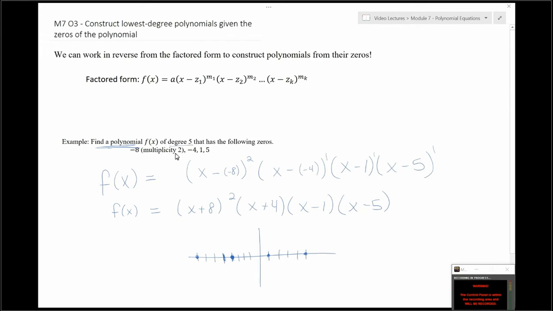My end behavior, so it's degree 5, so it's odd. And I chose my a to be positive, so it looks like x. And then we can look at what it is doing at each of these points. At x plus 8, or at -8, it's touching. And then at the rest, it's going through it.